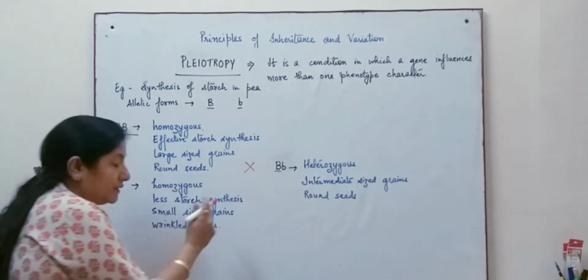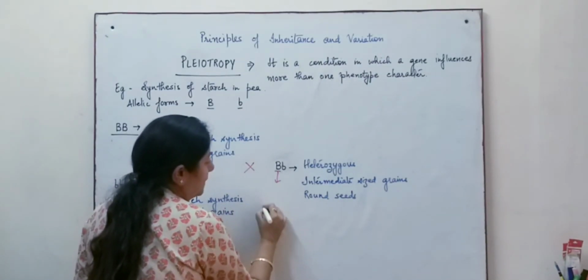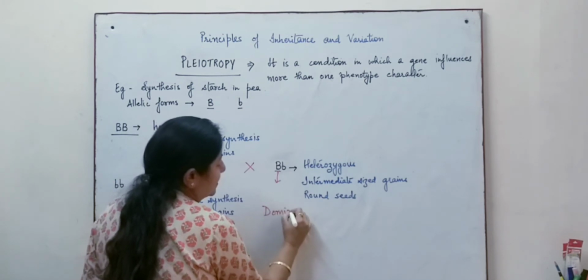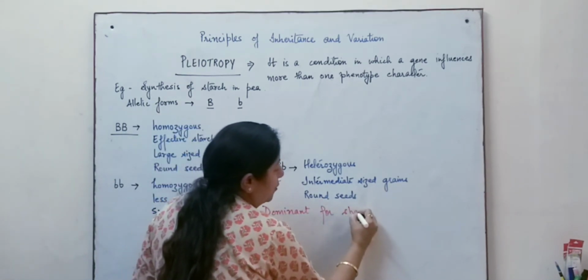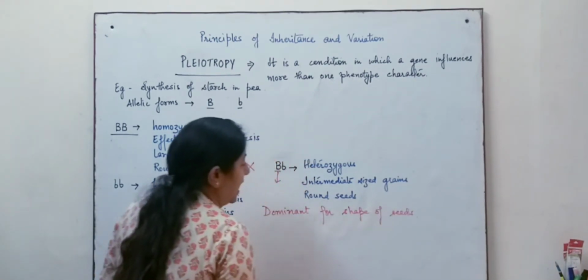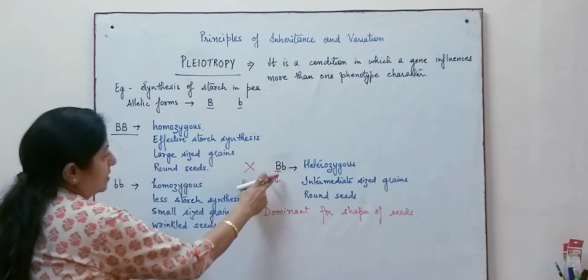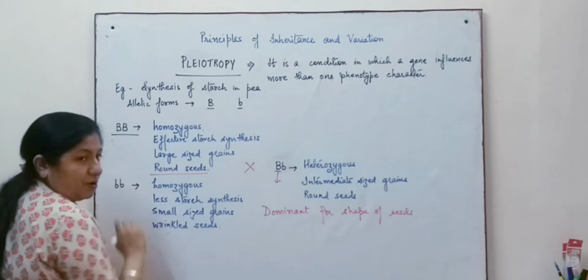So this dominant gene is actually dominant for the shape of seeds, and it is because the B, always capital B, is producing the round seeds.